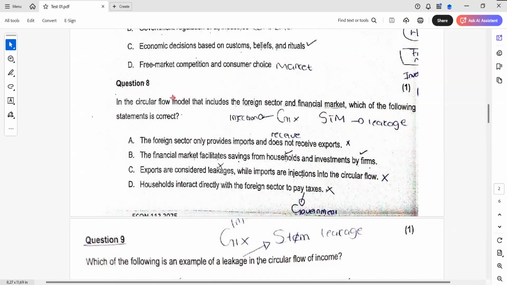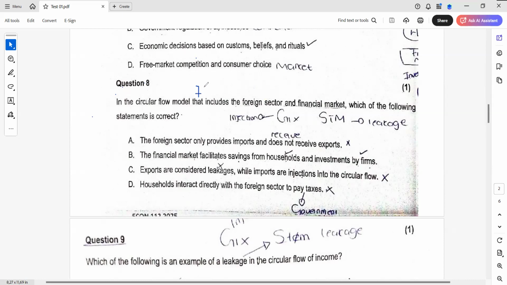So when goods leave our economy from the firms to the foreign sector in the form of exports, that is an injection in the economy. I'm just going to put F here for a firm.